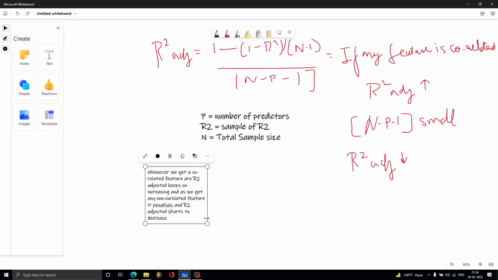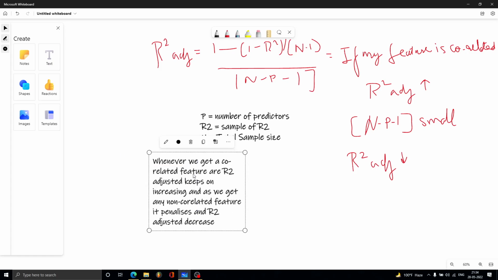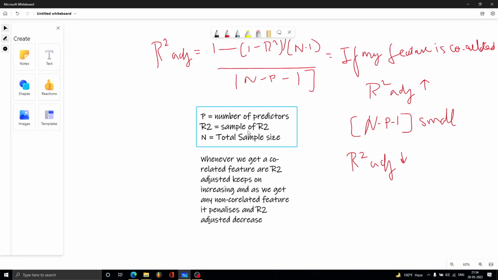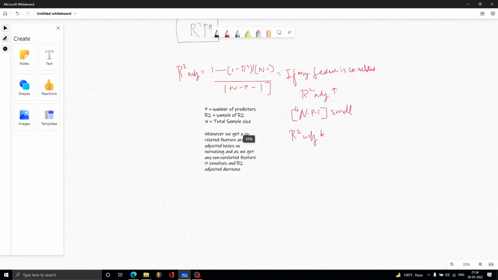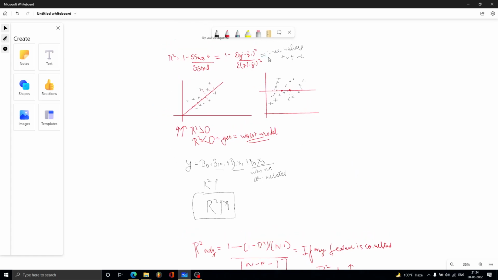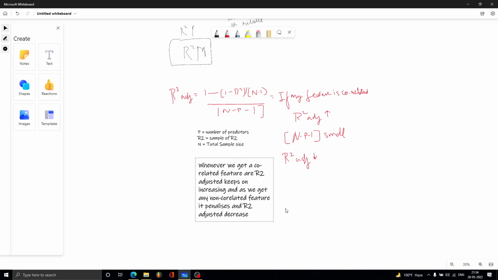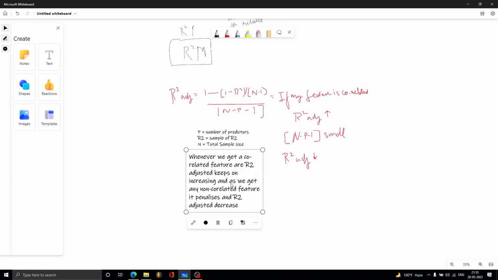Hope you were able to understand how R square adjusted works, why we use it, and what R square is. It is used for analyzing how well our model is working and how great our best fit line is. That's all for today.